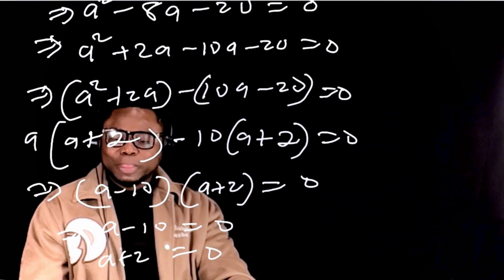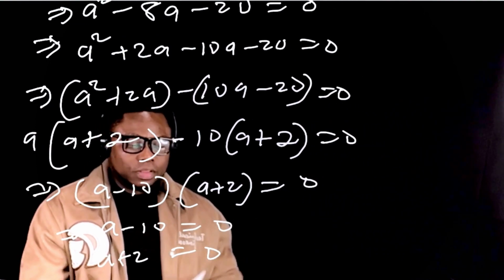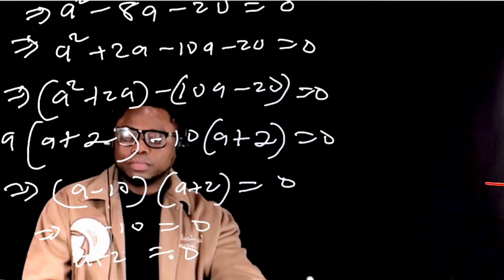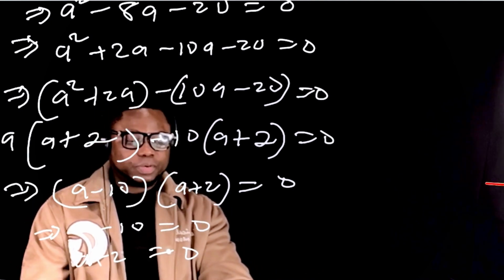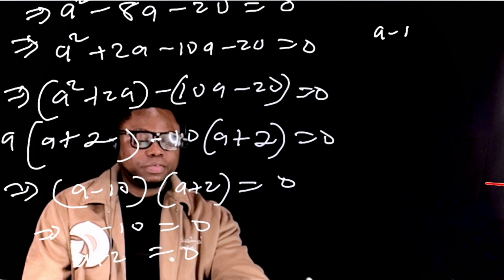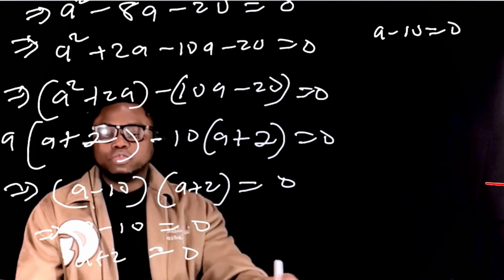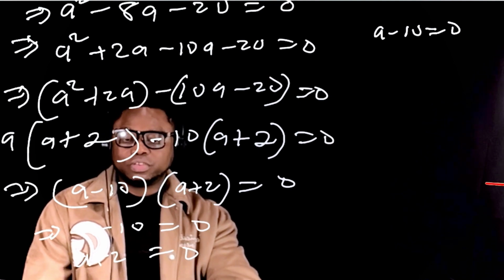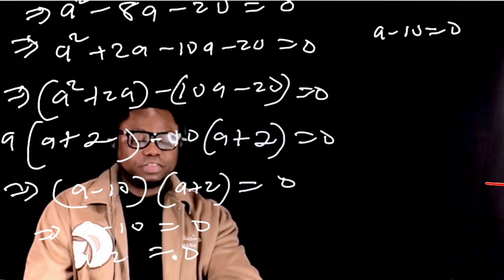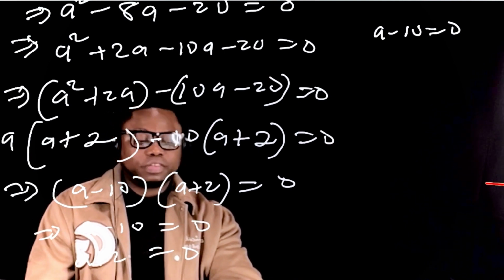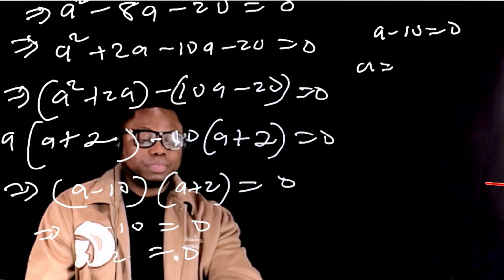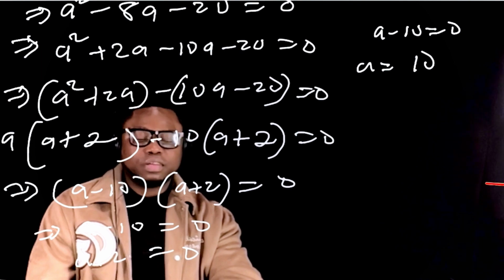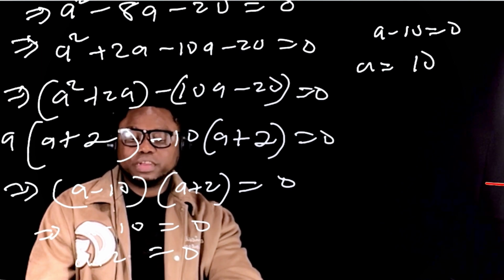Now, simplifying the first bracket, a minus 10 equal to 0, I'm going to move minus 10 across to the right hand side, and that is going to give me plus 10. So a is equal to 10, because 0 plus 10 gives me 10.